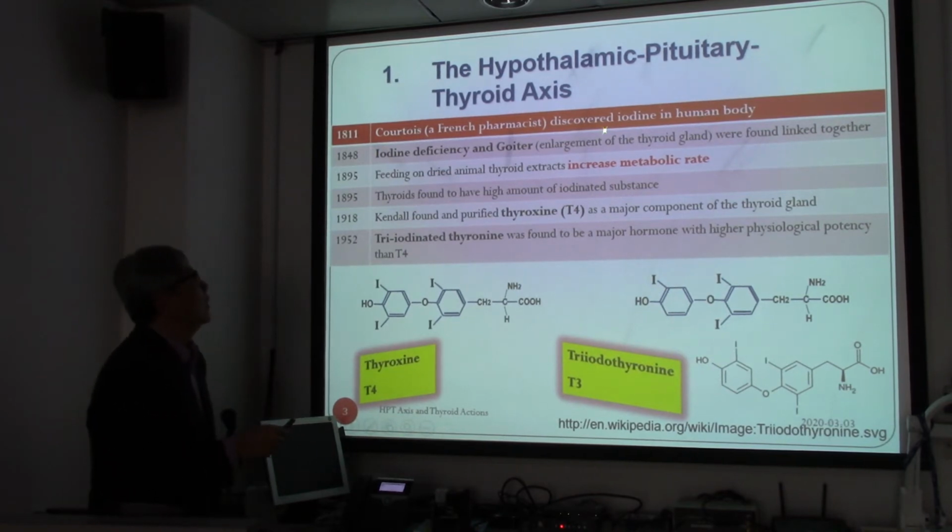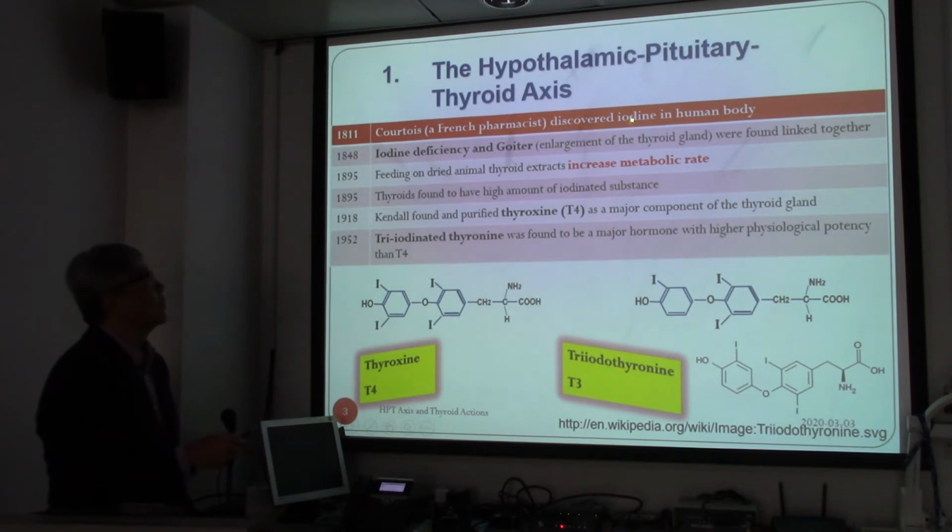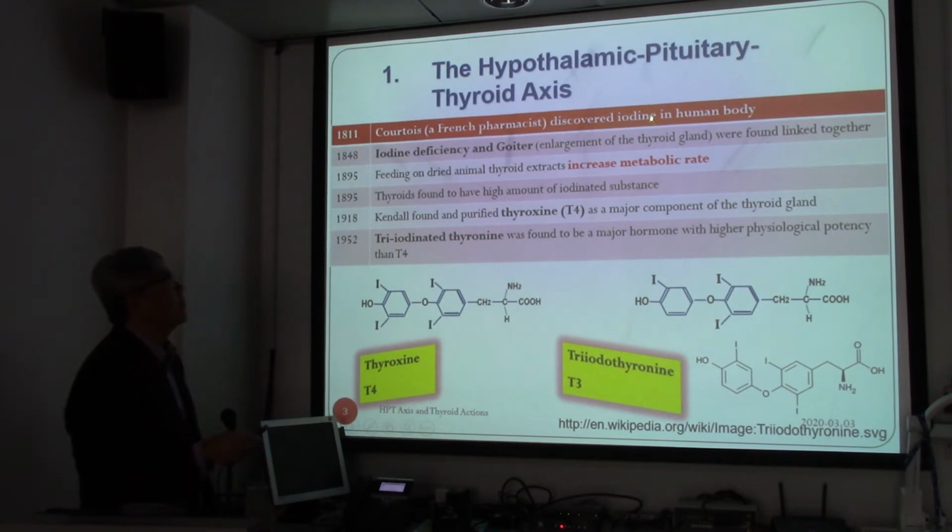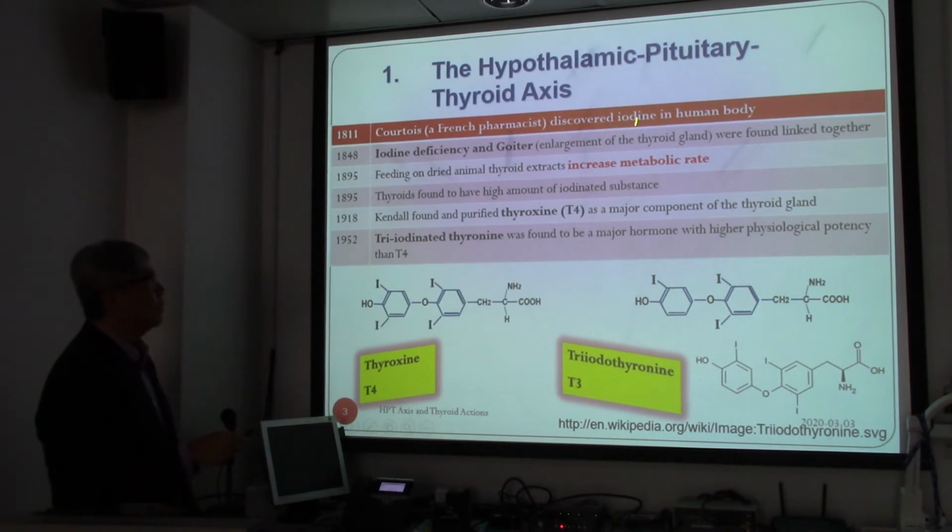And so at that time we were so surprised to learn that this element, it's not a metal, could be found in our body. And then later on, more diseases, including goiter, were found to be related to iodine deficiency.